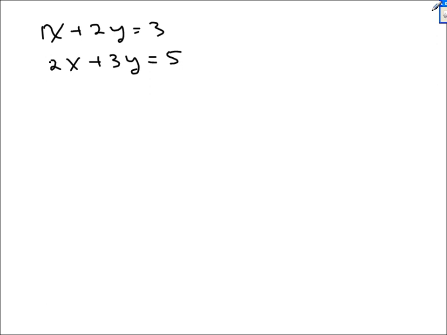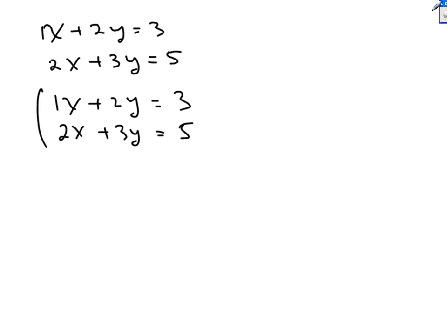This is understood to be 1x. Basically, to make up the matrix, you erase or delete or do not include the variables.